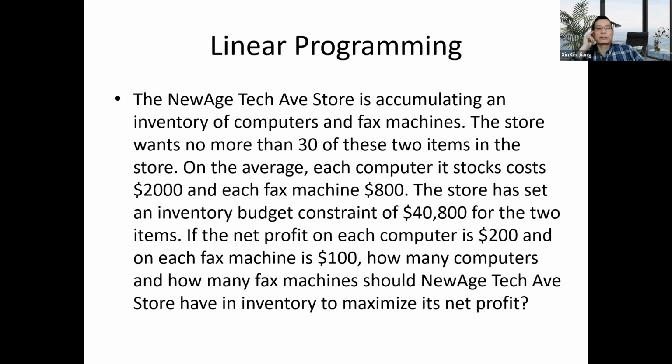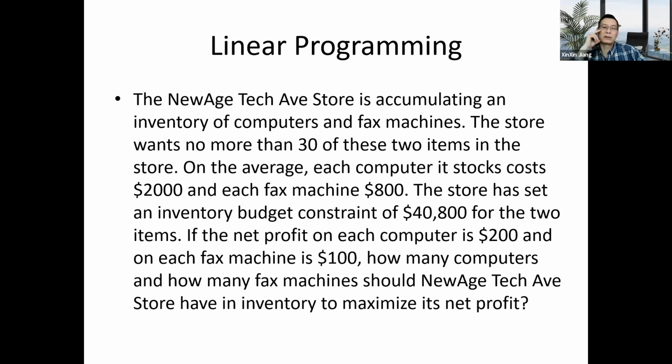So the New Age Tech App Store is accumulating an inventory of computers and fax machines. The store wants no more than 30 of these two items in the store. On the average, each computer it stocks costs $2,000 and each fax machine $800.